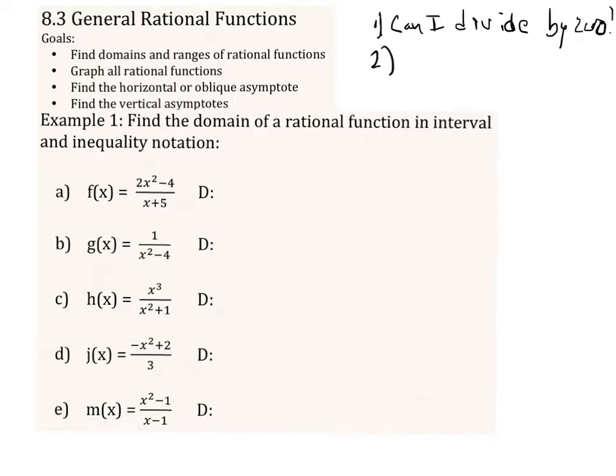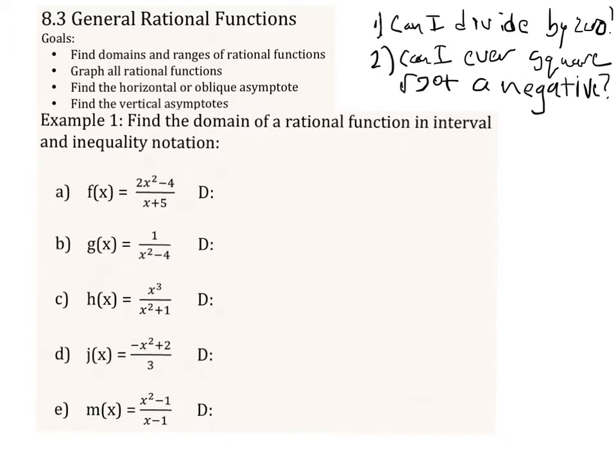And the second question is, can I ever square root a negative? Okay. So what I'm saying is if those two things are ever possible, whatever makes these things happen is not in our domain, and everything else is.